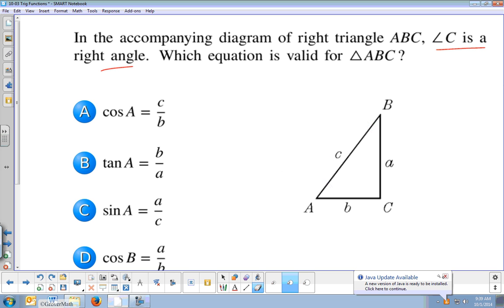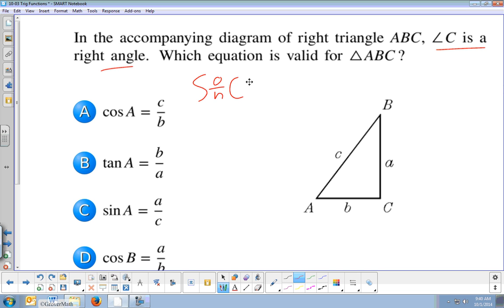So, okay, let's take a look at this problem. We want to look at these each one at a time, but we do need to remember what each function stands for. So sine is opposite over hypotenuse. Cosine is adjacent over hypotenuse. And tangent is opposite over adjacent.